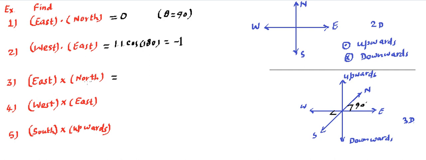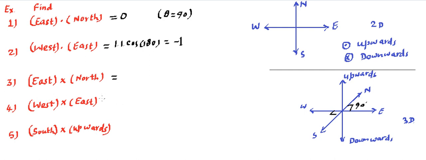It will be perpendicular to both east and north. So the 3D picture will be more appropriate, or you can use the 2D, both are going to give the same answer. We need to find a direction which is perpendicular to east as well as perpendicular to north. Perpendicular to east and perpendicular to north is going to be either upwards or downwards. From here it is also clear, perpendicular to the board that has been shown for this 2D figure.